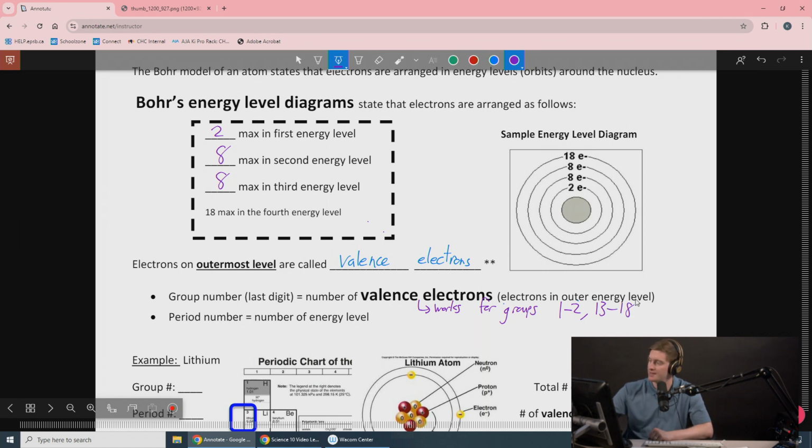What they're saying here, this last digit is the number of valence electrons. If you had, for example, group 14, that's carbon's group, then carbon has 4 valence electrons.